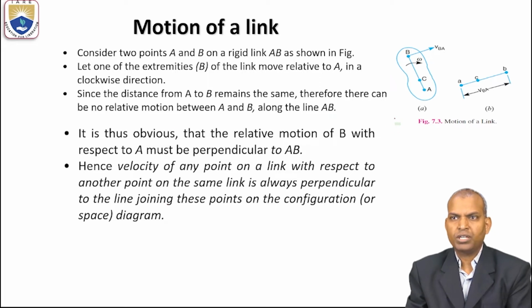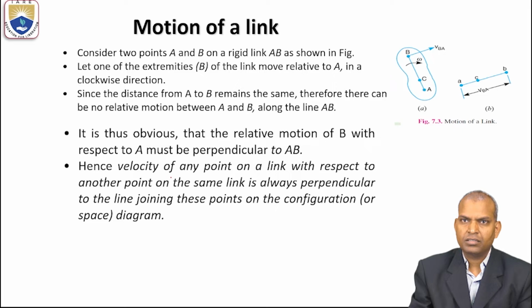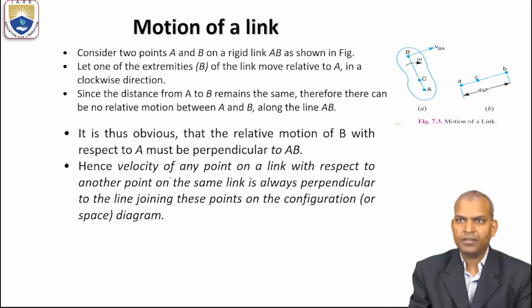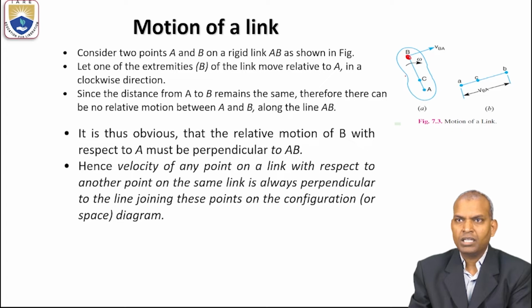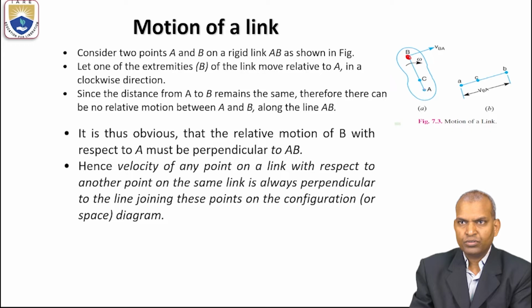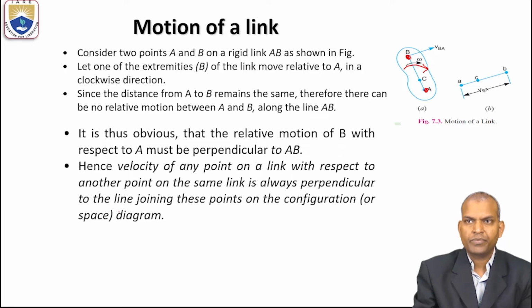In this figure of the motion of a link, consider two points on a rigid link AB. Now let one of the extremities, B, move relative to A in the clockwise direction with an angular velocity omega.